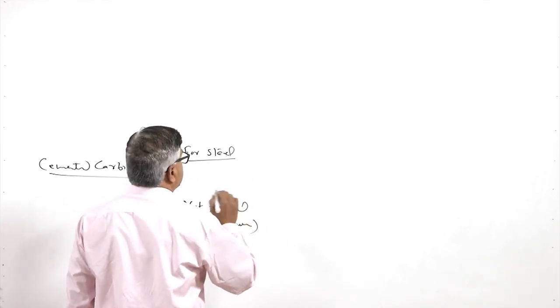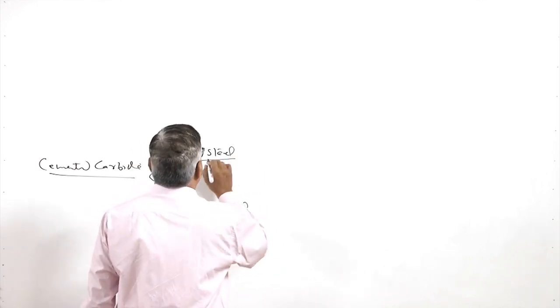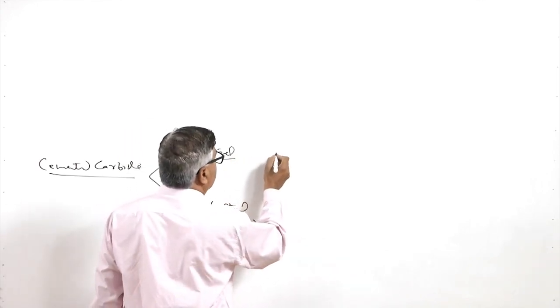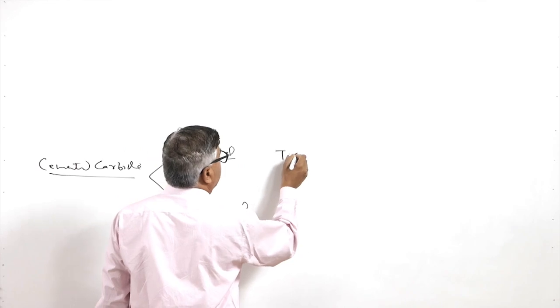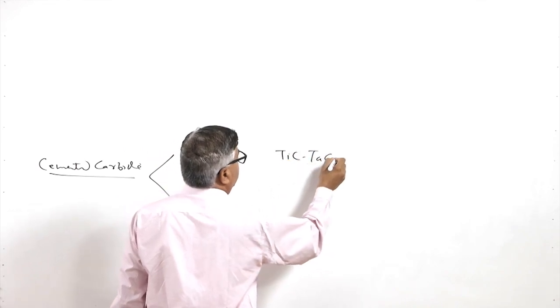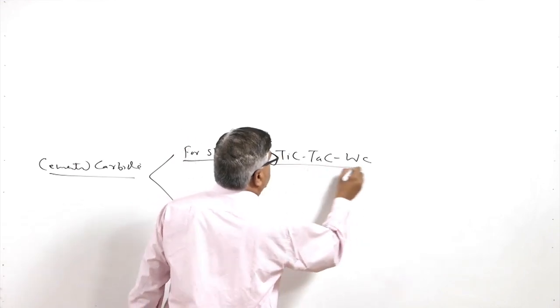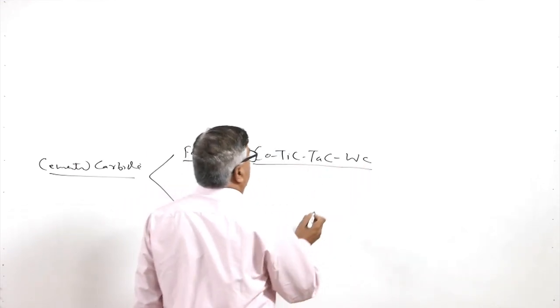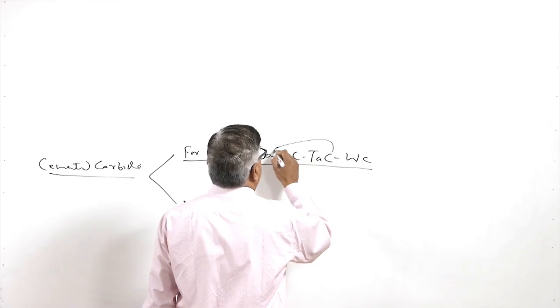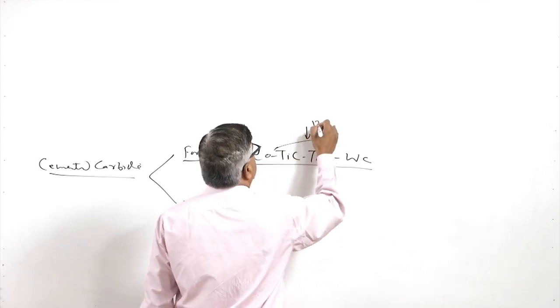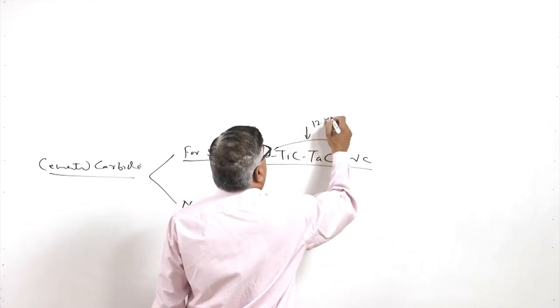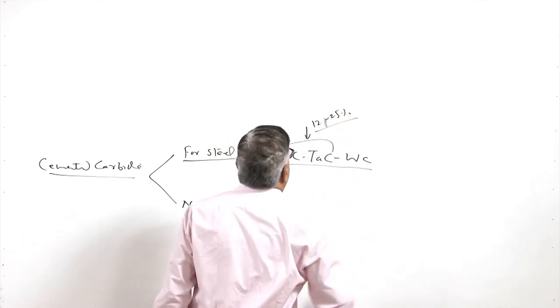These are the two broad categories. So, those which are used for the steels are modified with titanium carbide and tantalum carbide plus tungsten carbide. Cobalt is used as a binder, and the percentage of this titanium and tantalum carbide is around 12 to 25%.